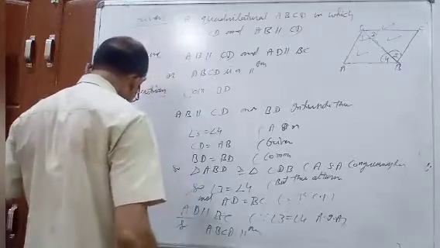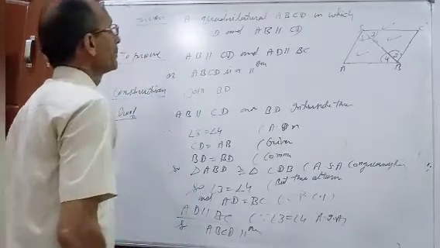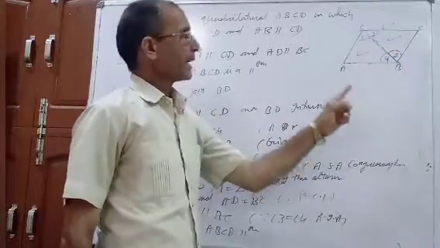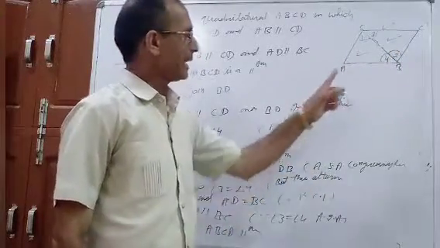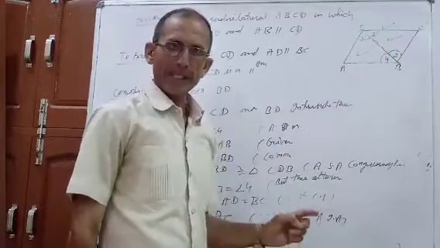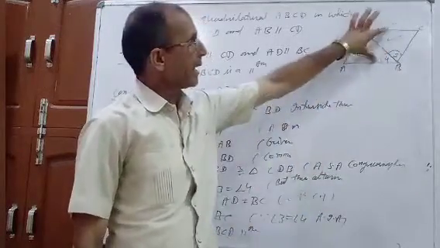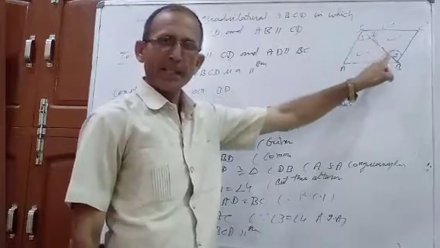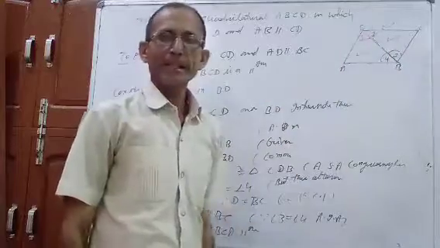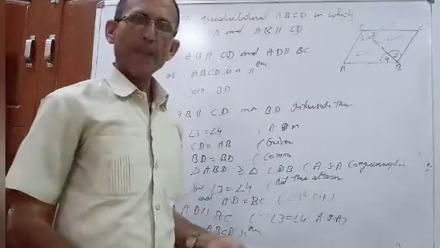Once again I am repeating. What is given? A quadrilateral ABCD in which AB is equal to CD and AB is parallel to CD. This is given. One pair of opposite sides is equal and parallel. We have to prove this is a parallelogram.